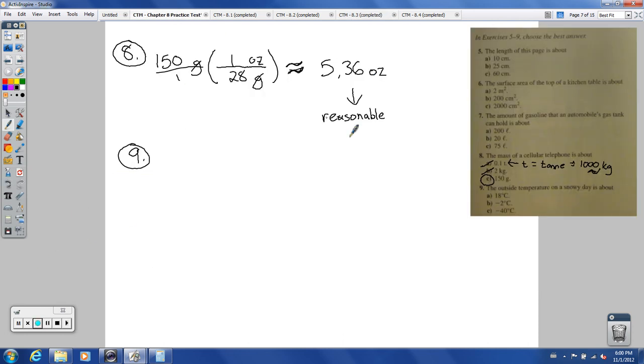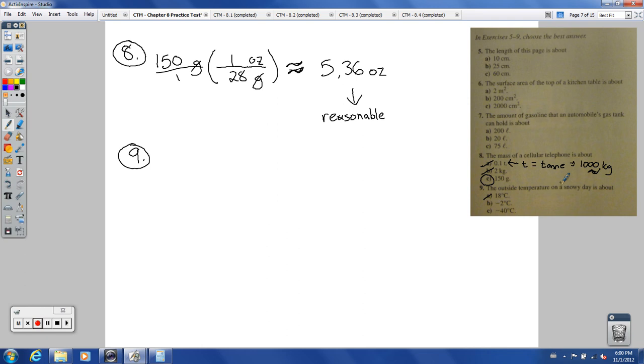If we look here at our choices, 18 degrees Celsius would be much too warm. Negative 2 degrees Celsius, that seems like it would be reasonable. And I would say choice C, well, that would, to me, that would also make some sense, but that would be like just insanely cold too.